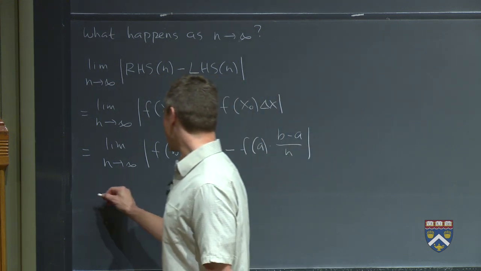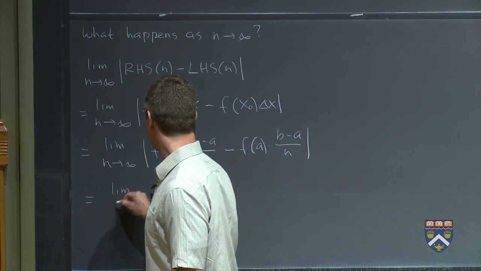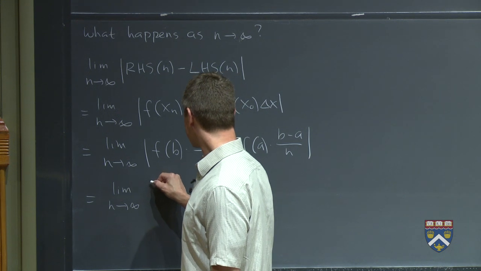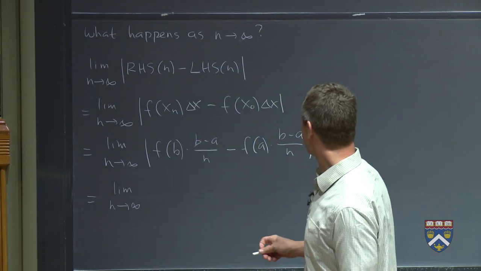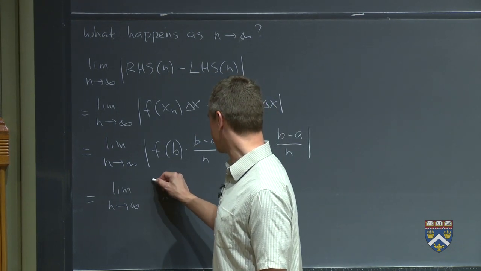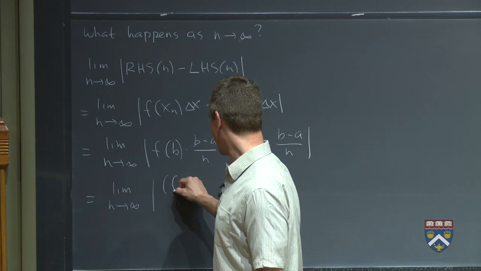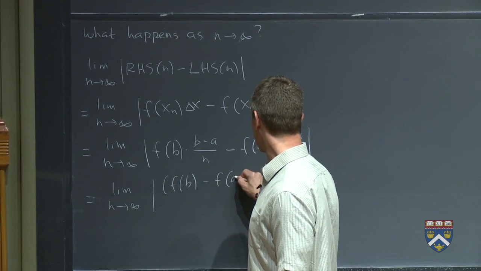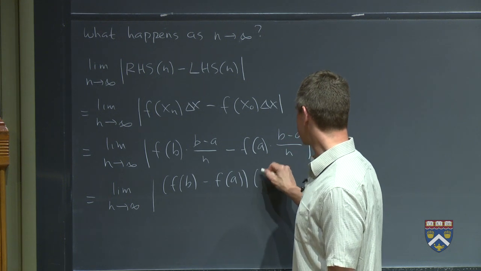So what this is saying is that I can write this as all of this stuff over n. So I can write f of b minus f of a, times b minus a.